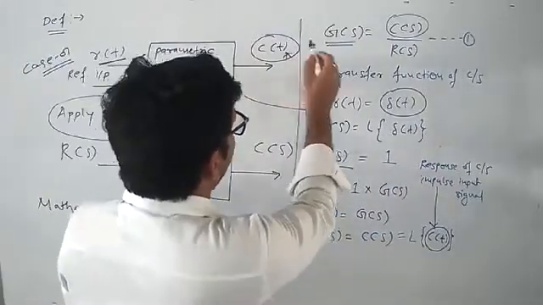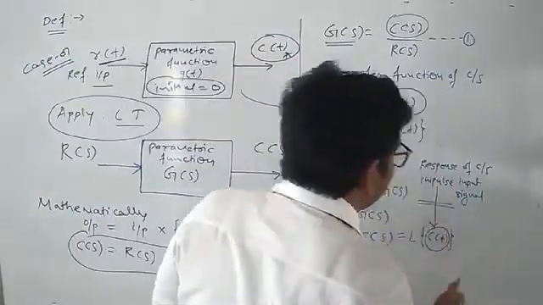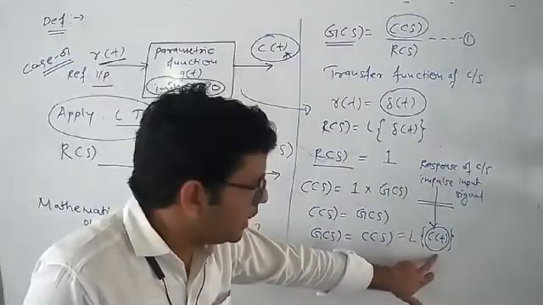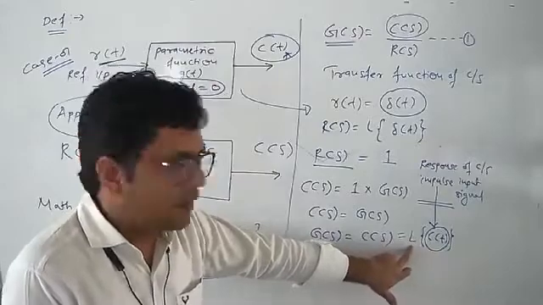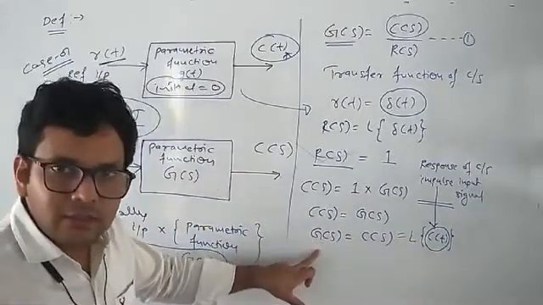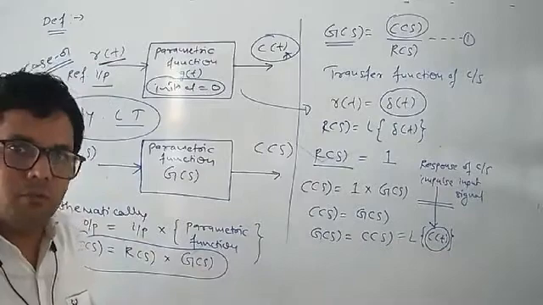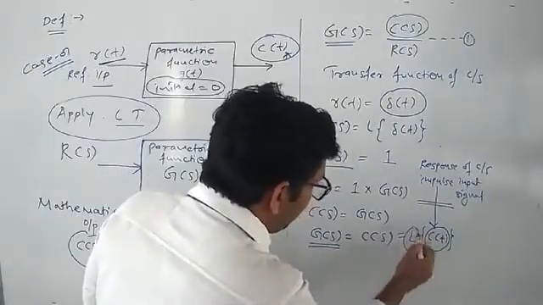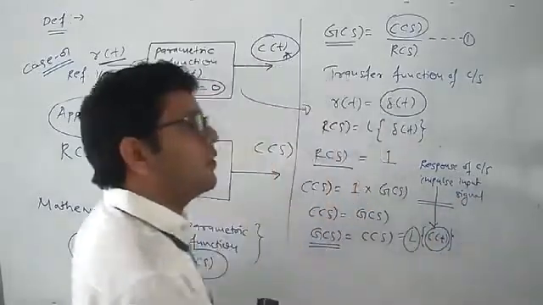So this c of t is nothing but the impulse response of a control system. और ये impulse response of control system का हमने क्या किया? Laplace transform find out किया, और ultimately हमें वो क्या मिला? Transfer function मिला. That is the reason in some books transfer function is also defined as the Laplace transform of impulse response of a control system.